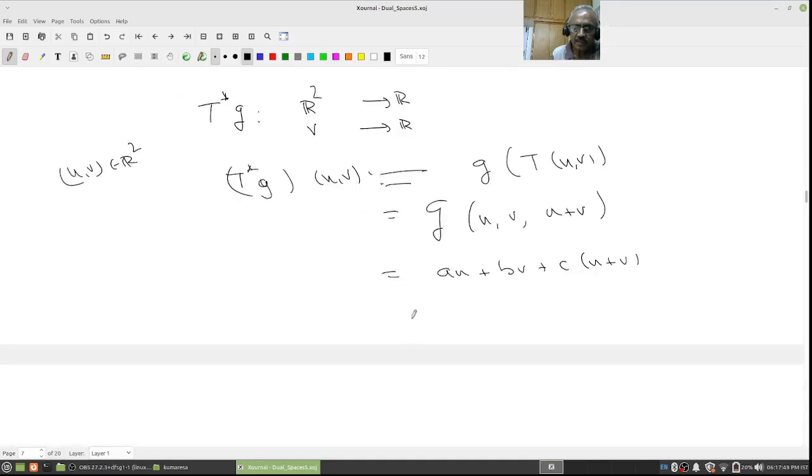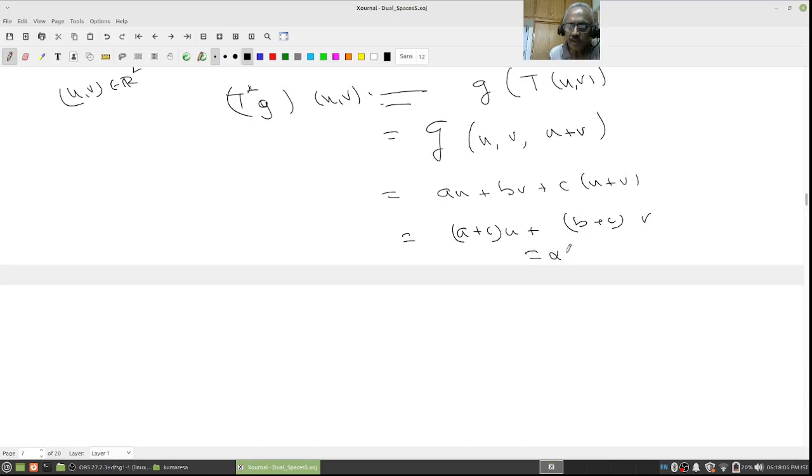Now remember, this should be a linear map, therefore I have to tell you only what happens to u and v. So that is going to be a plus c times u plus b plus c times v. You understand that? Therefore it is of the form alpha u plus beta v, where alpha is a plus c and beta is b plus c.